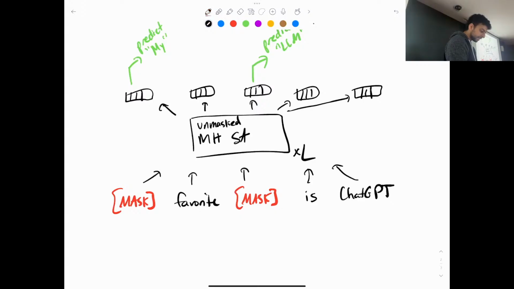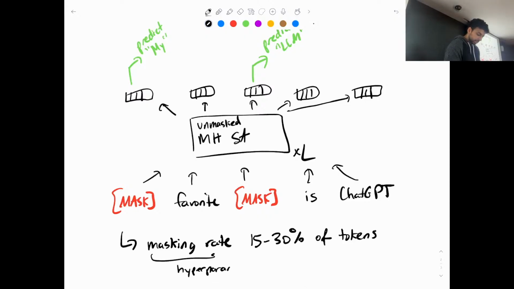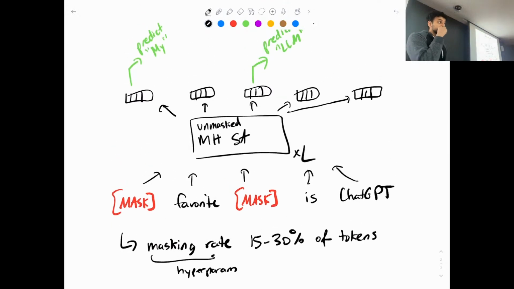In practice, the masking rate is something like 15 to 30% of tokens, but there have been many papers that study this. This is a hyperparameter that you can choose before starting the training process. Okay, so that is one kind of con of the setup.